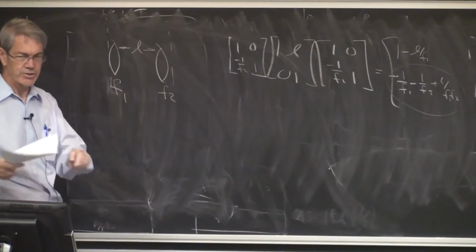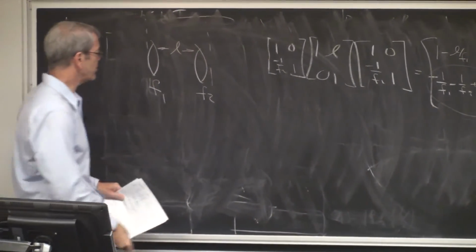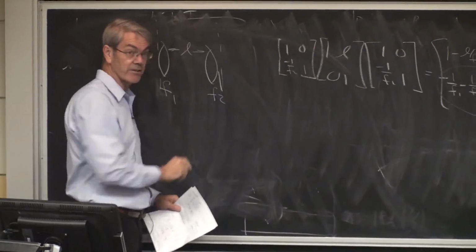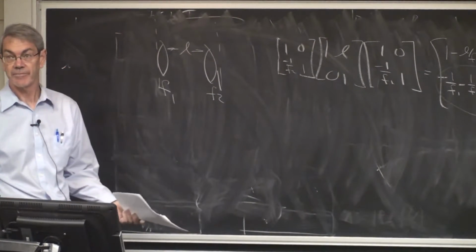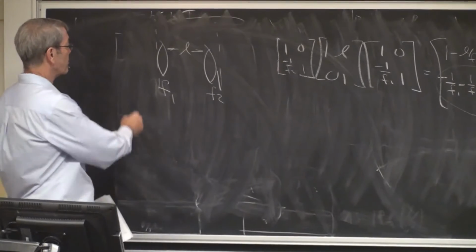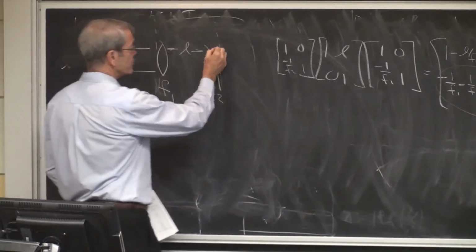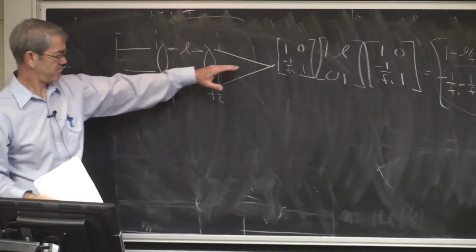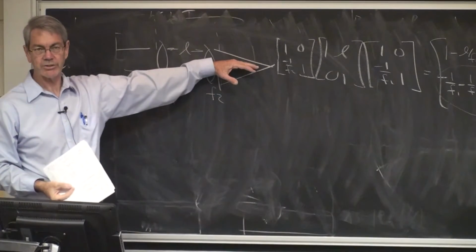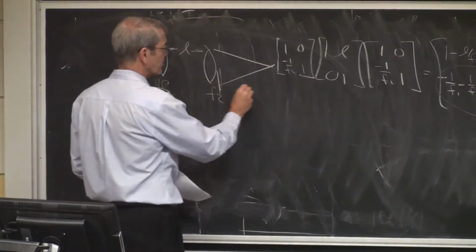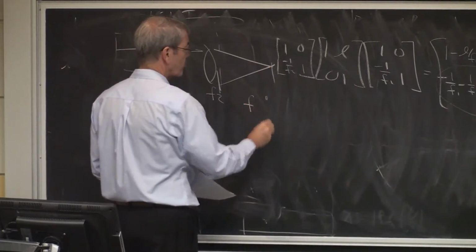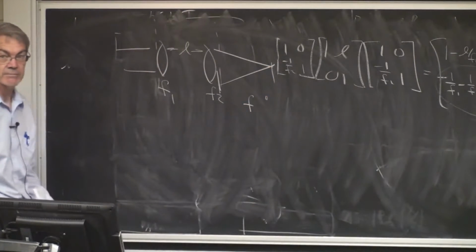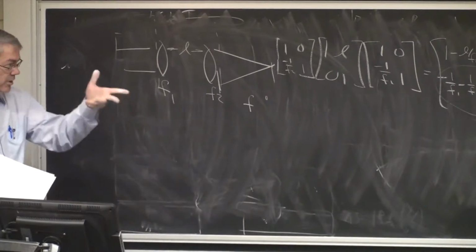So let's just assume a focal length is measured from the end of this thing. How do I find it? The simplest way is to come in with parallel rays and see where they cross. They presumably will cross someplace, and that distance between here and there will be my focal length. Does that make sense? So just find a way to test it.